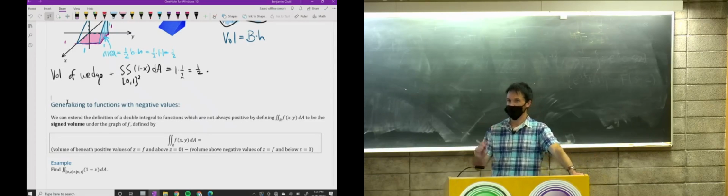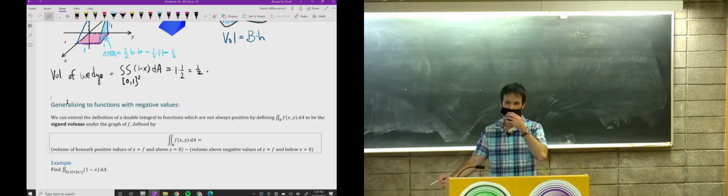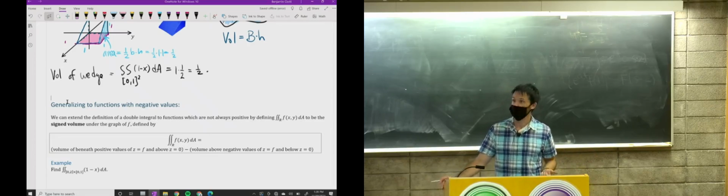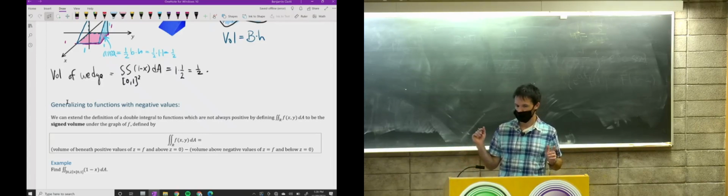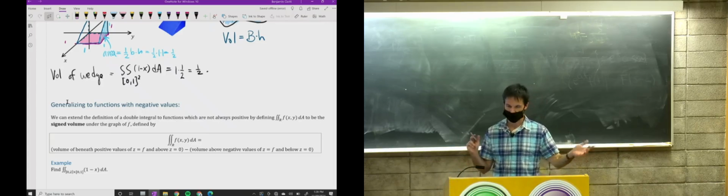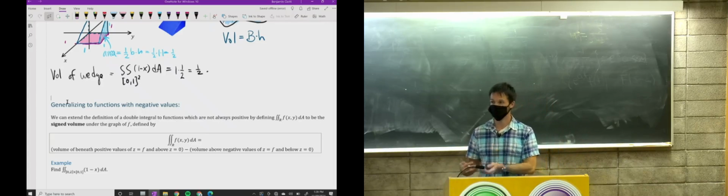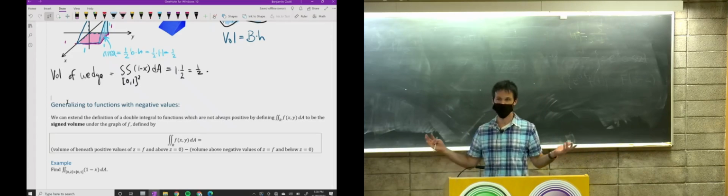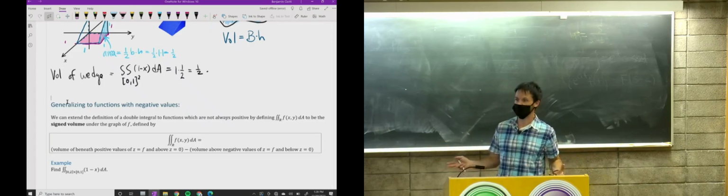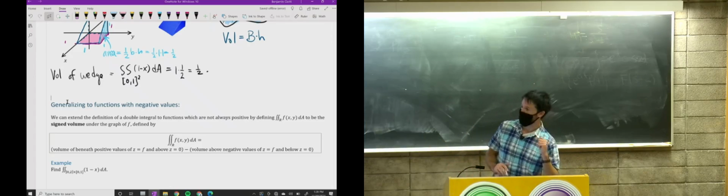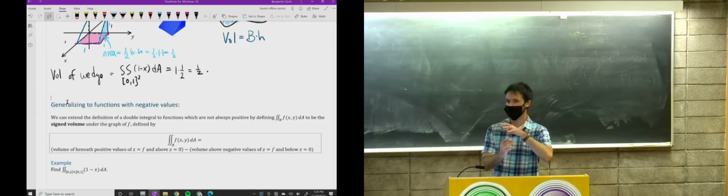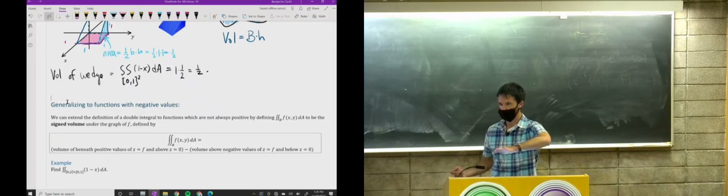Well, we can extend the definition analogously to how it was done back in Math 10b. If you recall, they extended the notion of a definite integral to functions of one variable in Math 10b by introducing the concept of signed area. So in our case, let's introduce the concept of signed volume, wherein volume that lies below the xy plane is counted as its negative.